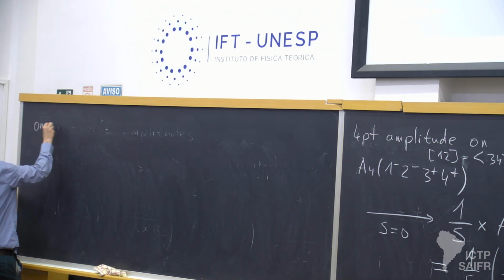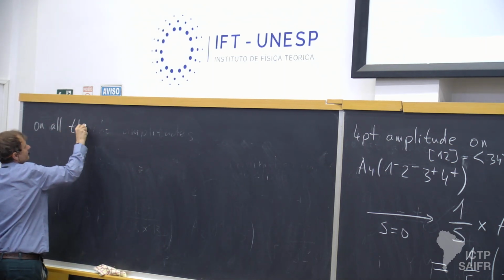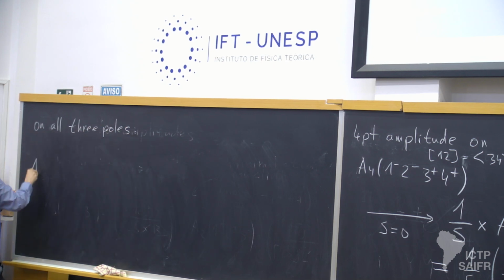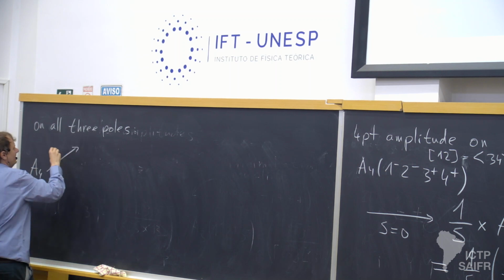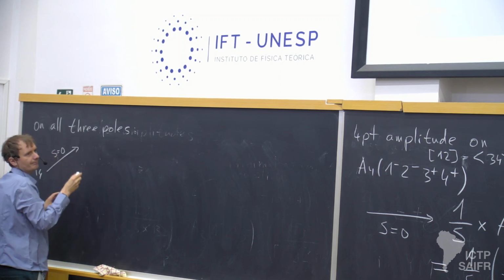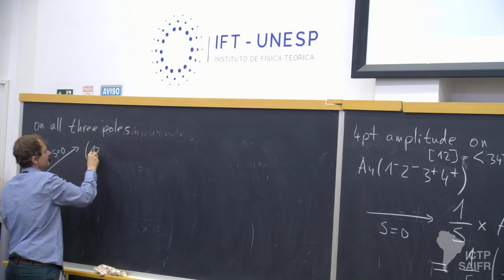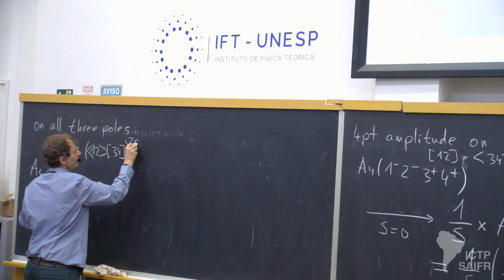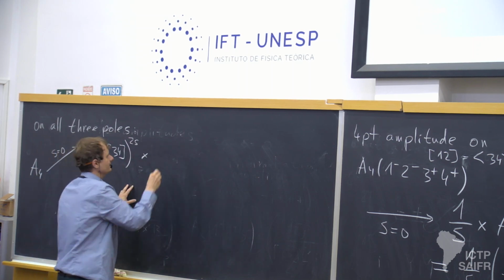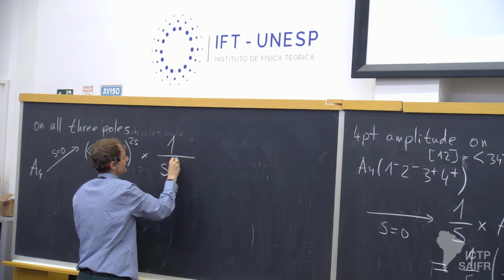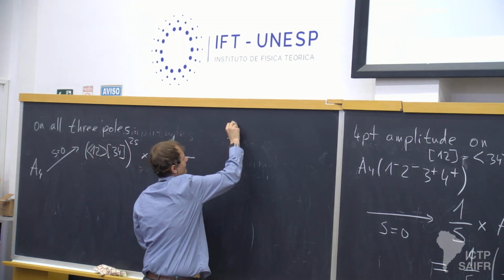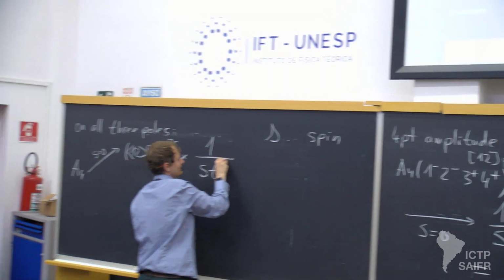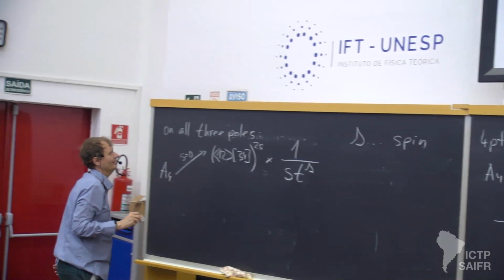So on all 3 poles, on the S equals 0 pole, the amplitude behaves as 1, 2, 3, 4 to the 2S times 1 over S and T. Let me say that this is the S for spin, so that we don't confuse the Mandelstam and the spin.